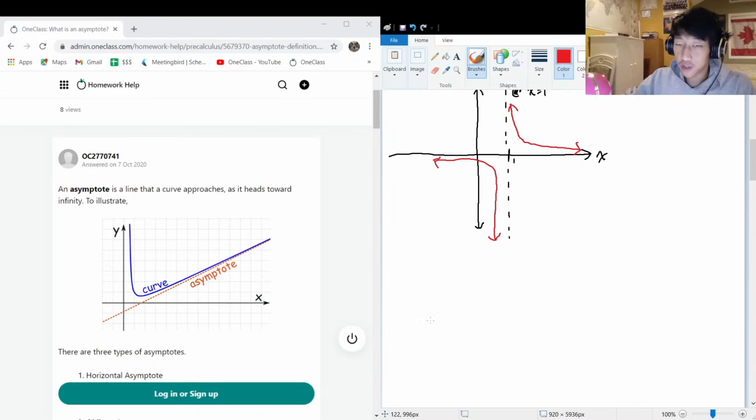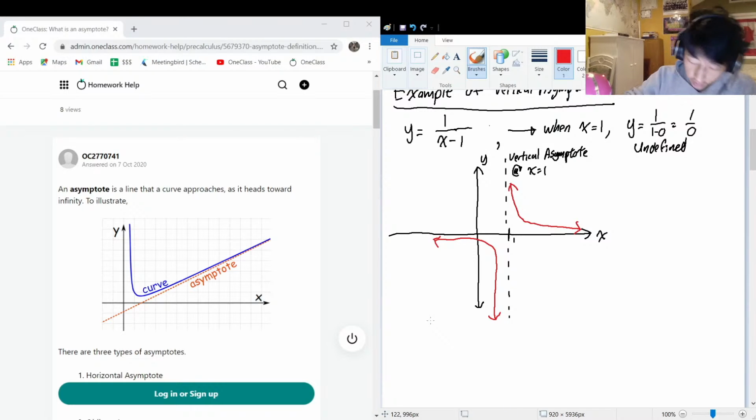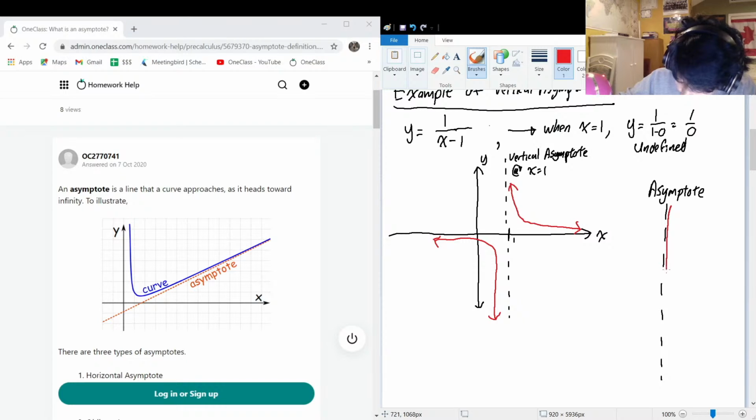And if we were really to zoom in onto what's going on here, if this is the asymptote, you would see that it's pretty much on the line, never exactly on the line, but pretty much on the line, and further and further down, or you get farther from it.